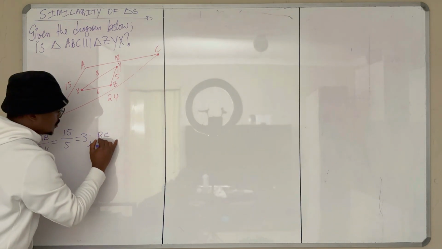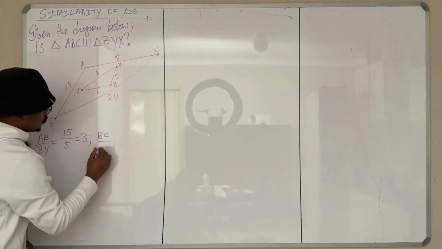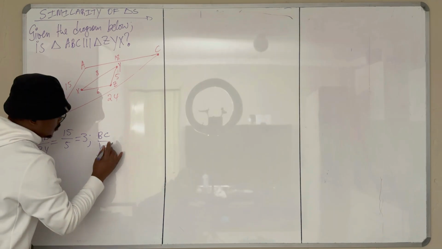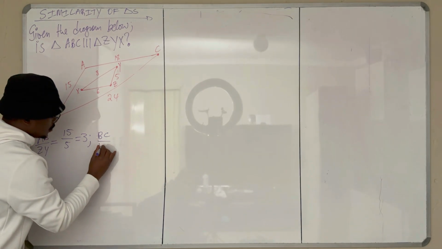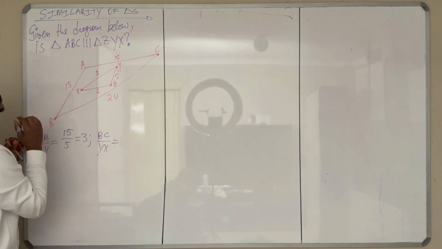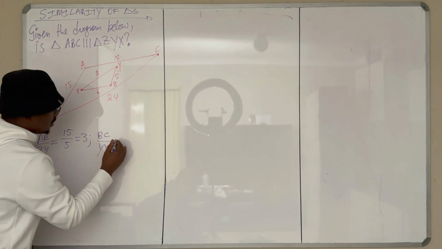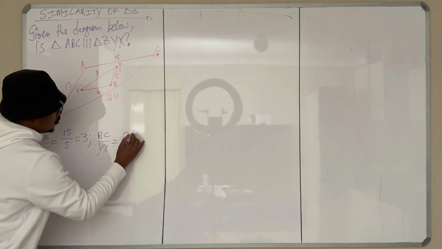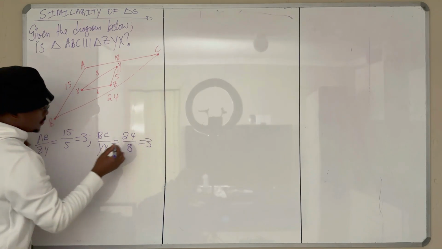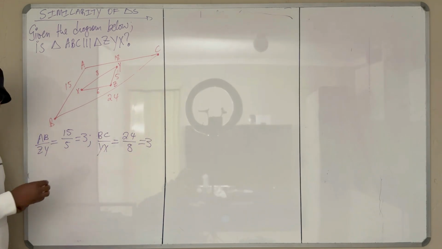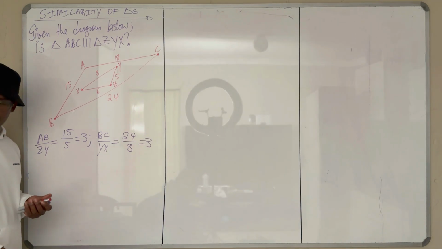BC to YX. What is your BC? Our BC is 24. YX is equal to 8, which is also equal to 3. So you can see that two pairs of corresponding sides are in proportion.